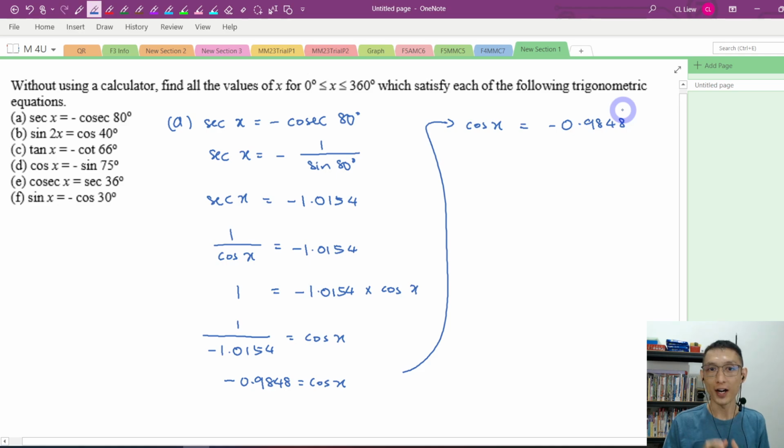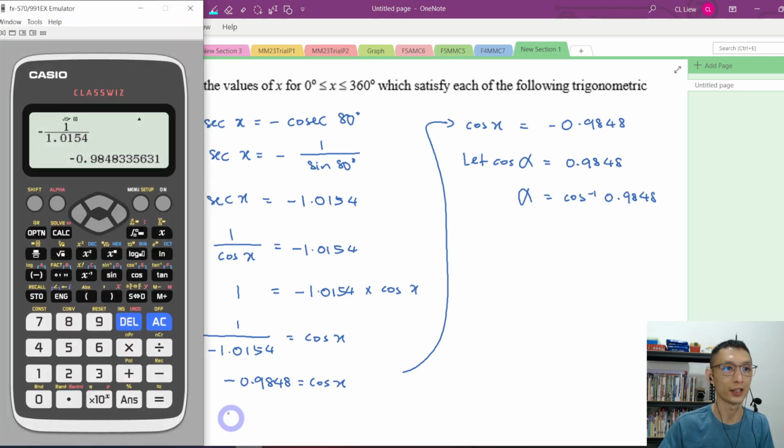Now I'm going to find the reference angle first. When we find the reference angle, we ignore the negative sign. Even though we see a negative sign, we just ignore it. So let cosine alpha be equal to 0.9848, ignoring the negative sign first. Now alpha is equal to cosine inverse of 0.9848.